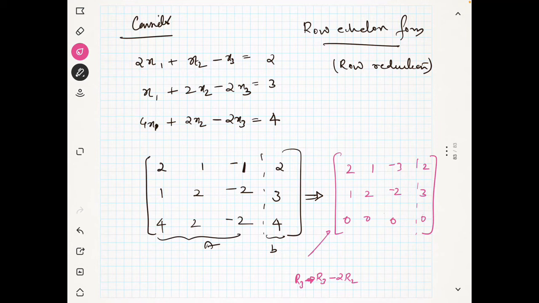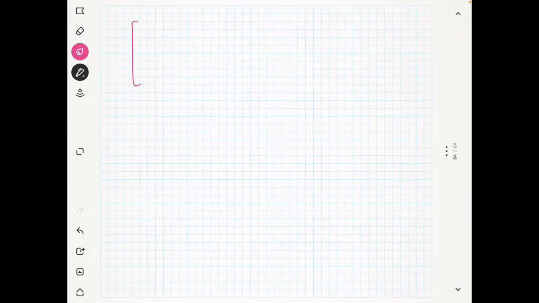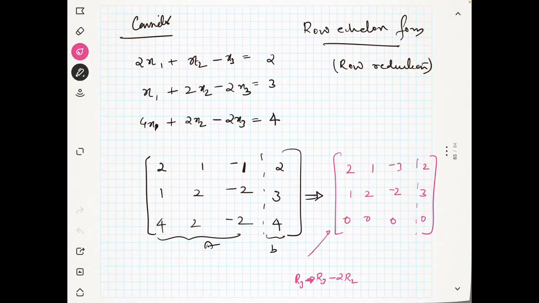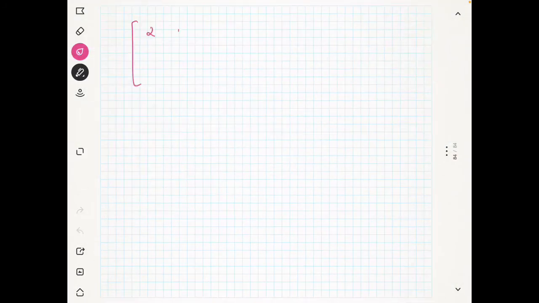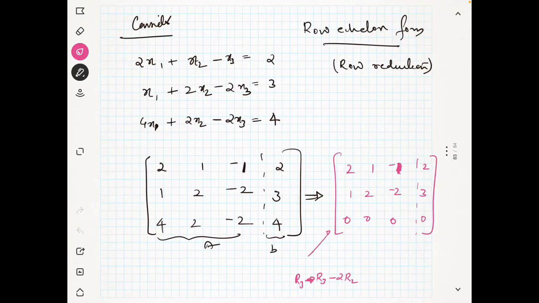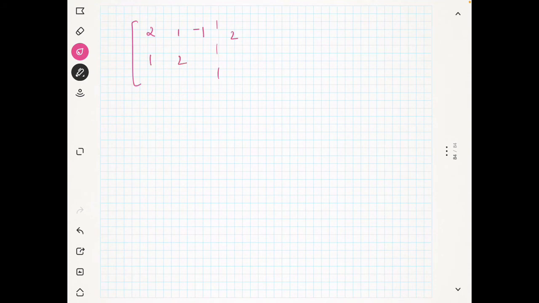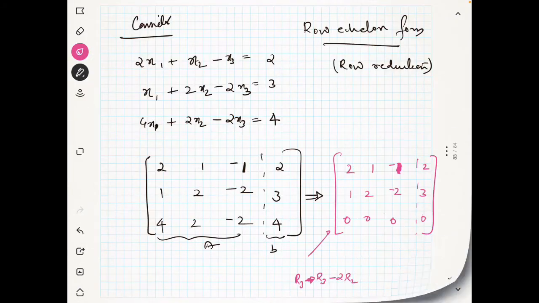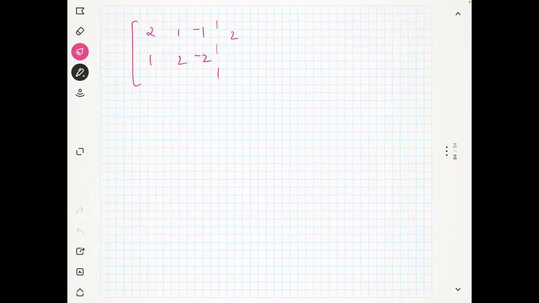Now you see my matrix has become like this. Let me rewrite it: 2, 1, minus 1 and 2; 1, 2, minus 2 and 3; and 0, 0, 0, 0.